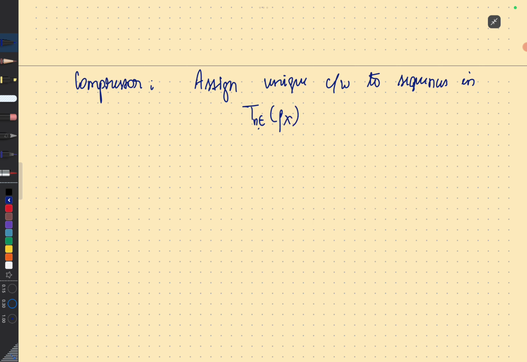Again, keep in mind that n and p_X are fixed. They're known to us, both the encoder and the decoder beforehand. So we first design the entire code based on n comma p_X.